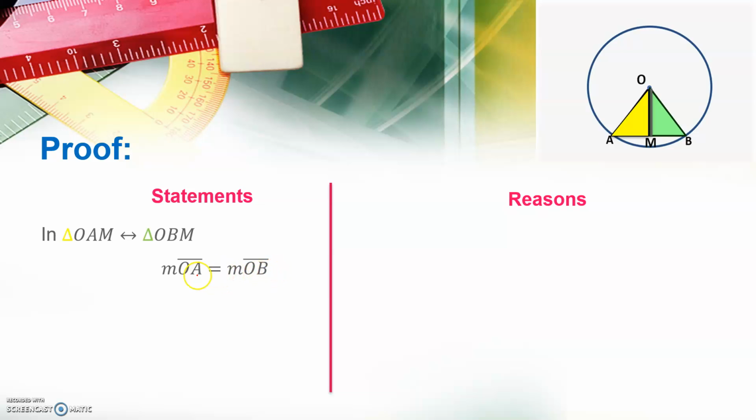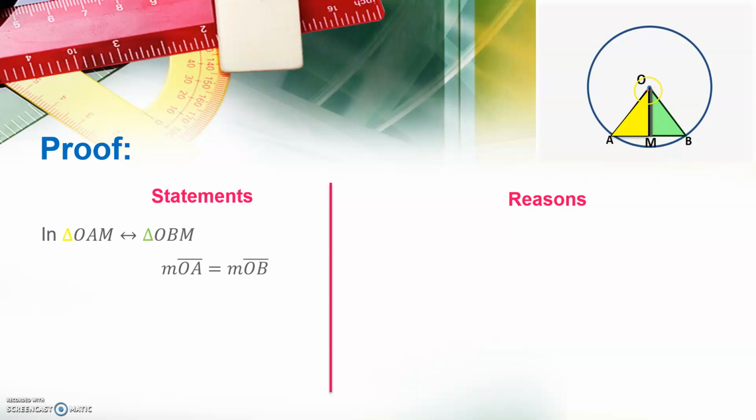How can we say that measurement of line segment OA is equal to the measurement of line segment OB? As we know that, students, OA is the side of the triangle OAM and OB is the side of the other triangle OBM.